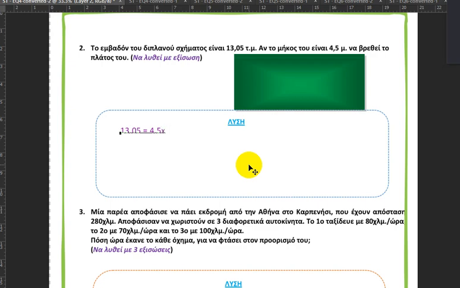So we need to do 4.05 times what? So 4.05x is equal to 13.05. So what's x? In which case x is equal to 13.05 divided by 4.05, which is how much?